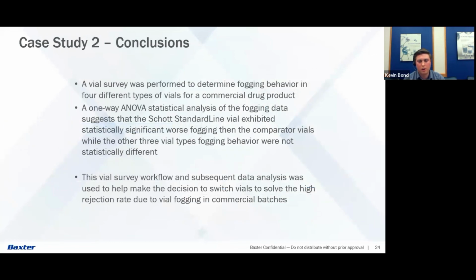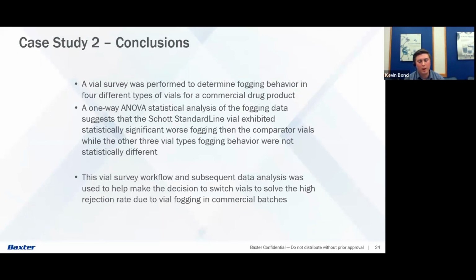So from our second case study, we were able to look at different vials and come to the conclusion that different vials definitely have an impact on the severity of vial fogging for a given formulation. Here, we performed a statistical analysis of that survey to measure those differences. That analysis suggests that the standard line vial had worse fogging behavior than the 3 comparators, which did not have statistically significant fogging behaviors.